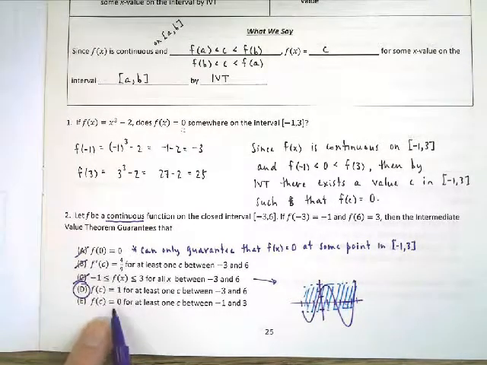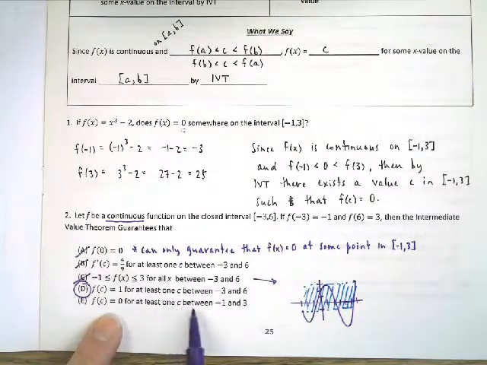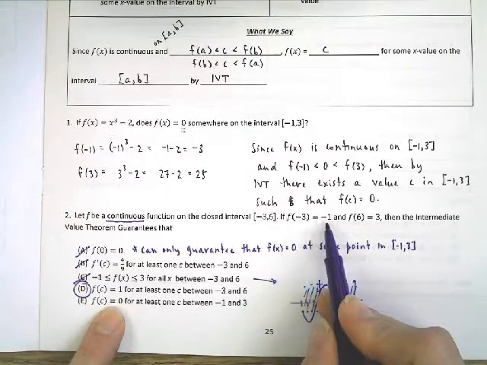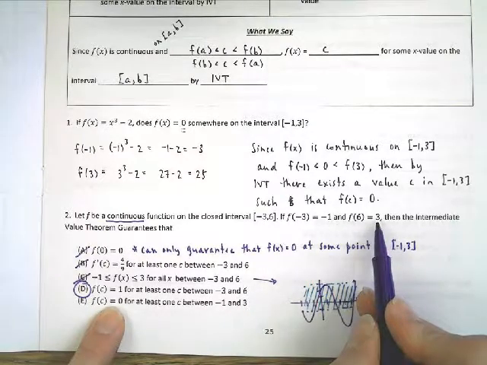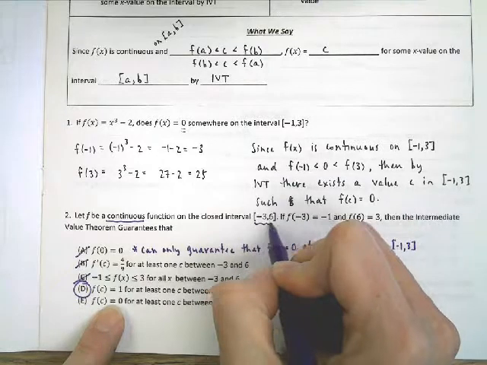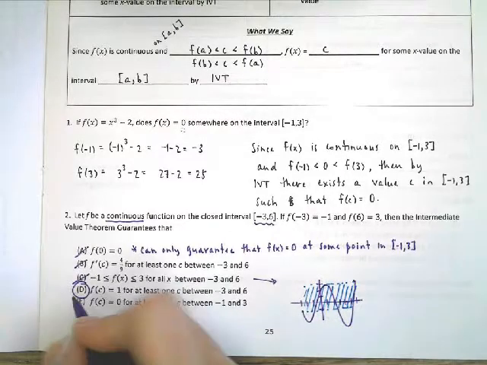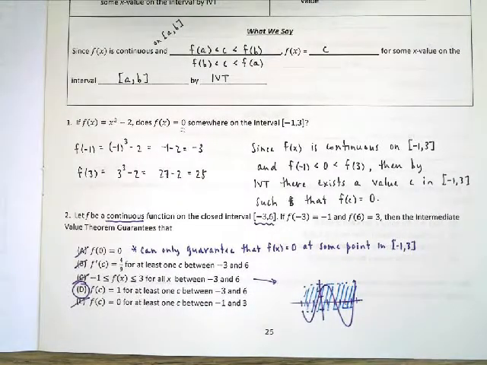And then last but not least, it says f of c equals 0 for at least one c between -1 and 3. Now, at first glance, it would seem like that's okay because 0 is between -1 and 3. However, that happens on the interval from -3 to 6. I can't guarantee that the same thing happens on the interval from -1 to 3, so that one would be out.